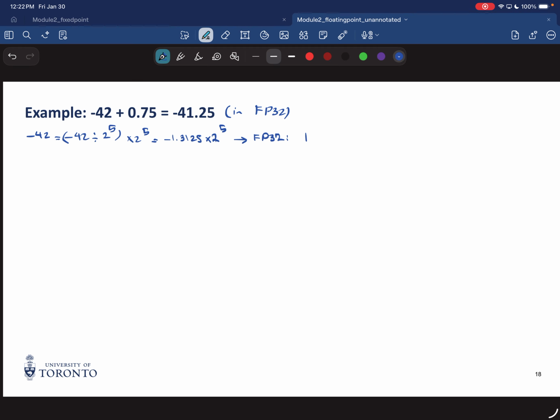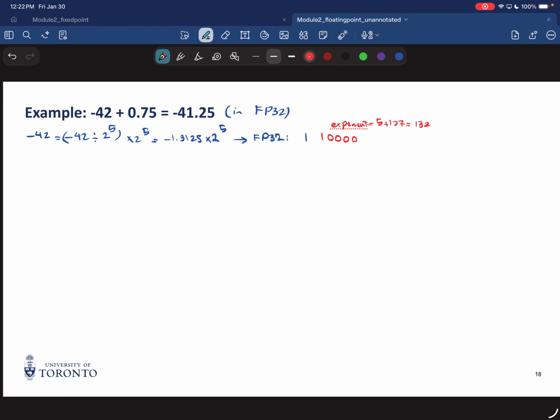And then we have the exponent. What should I store for the exponent? What is the exponent? 132. 132, thank you. So the exponent is 5 plus 127. It's 132, and it is going to be 1, 0, 0, 0, 0.